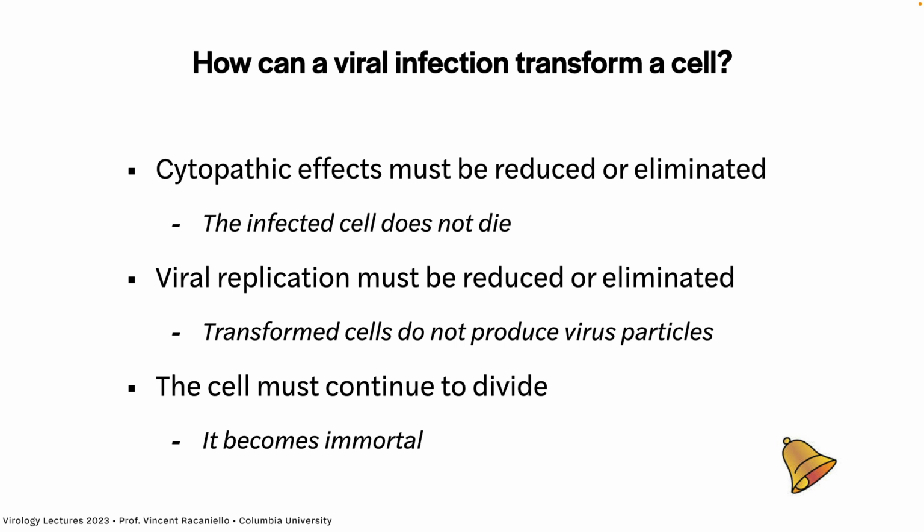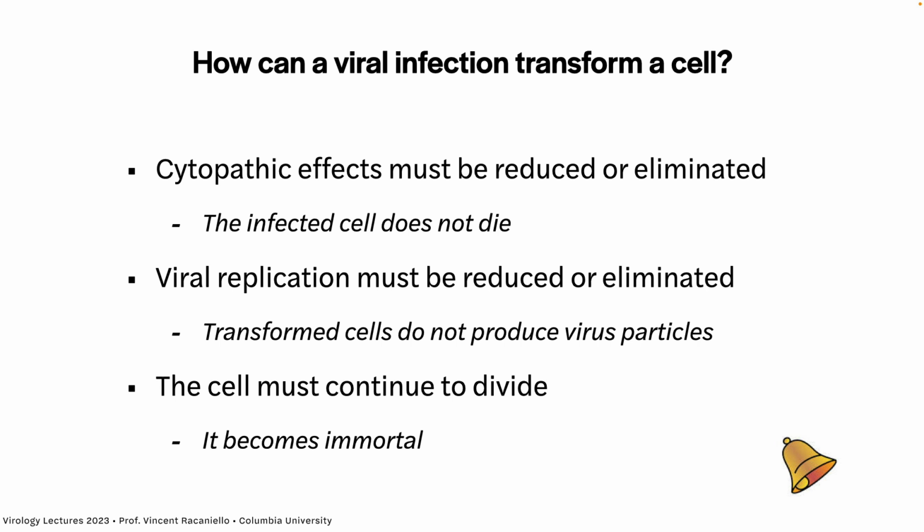So we have 3 requirements here. First, you have to reduce cytopathic effects, or get rid of them, because if you kill all the cells, they can't be transformed. A transformed cell, by definition, needs to live forever. So somehow you have to reduce CPE. You have to reduce virus replication. That goes together with CPE because the particle production is associated with killing.